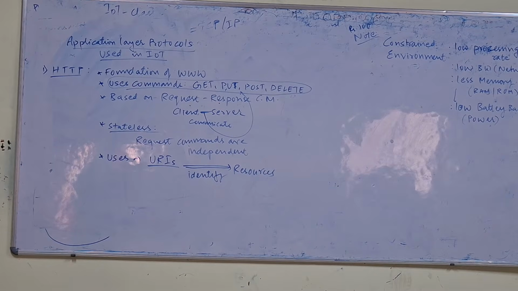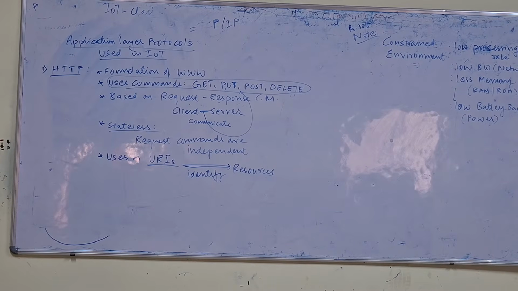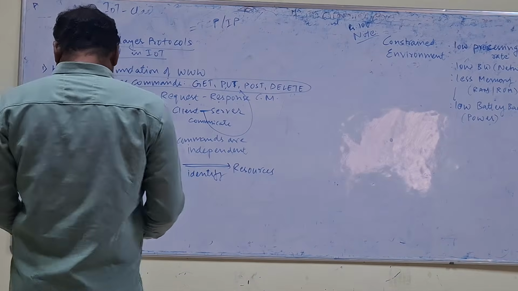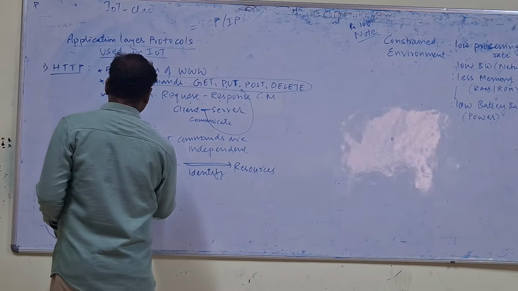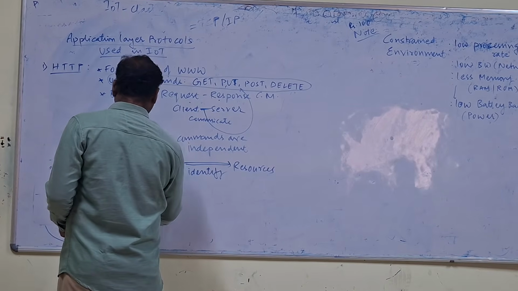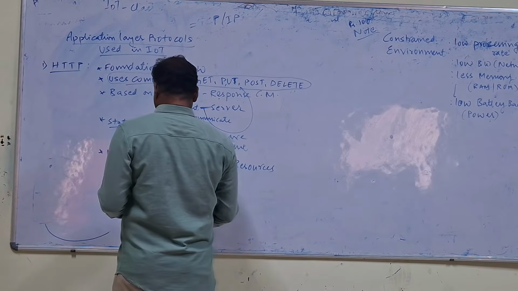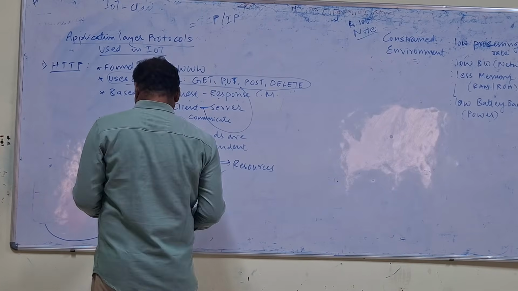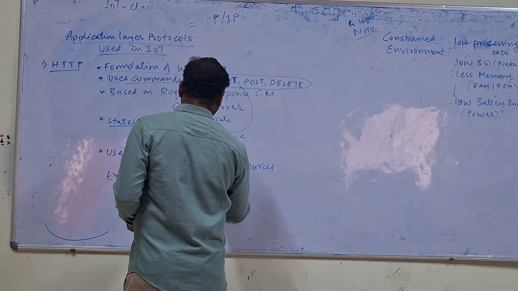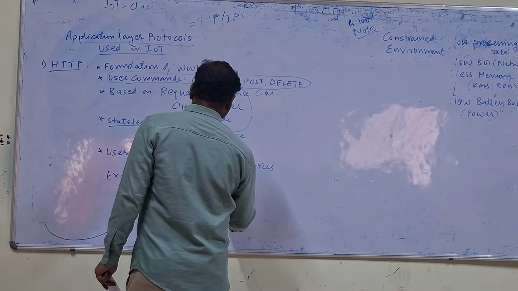There is a little difference between locator and identifier. Technically, we should be perfect, but at this point of time, just keep this in mind. Example: browser is a client, which is on the IoT device. Server: any website.